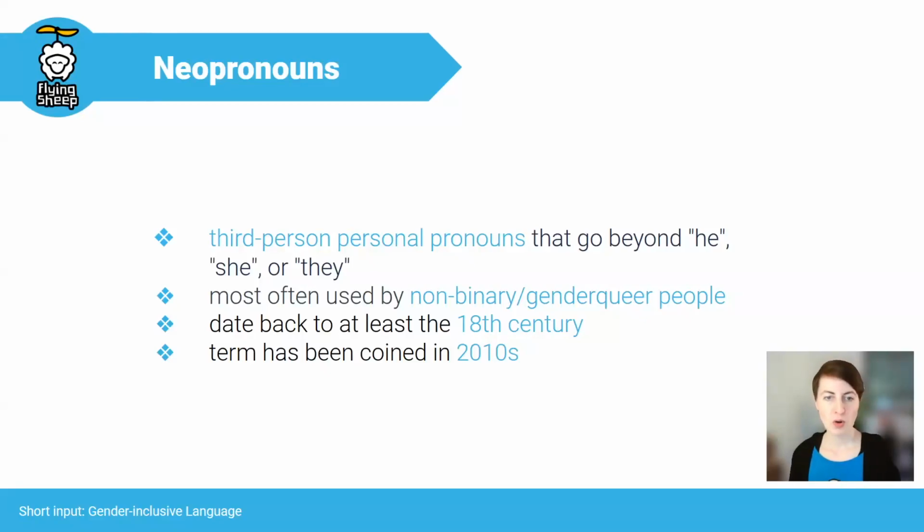And they are most often used by non-binary and genderqueer people who feel that these pronouns provide options to reflect their gender identity more accurately than conventional pronouns. And just like the singular they, neopronouns have actually been around much longer than most people think, because they date back to at least the 18th century. But the term neopronoun itself has actually been coined much later, in the 2010s.